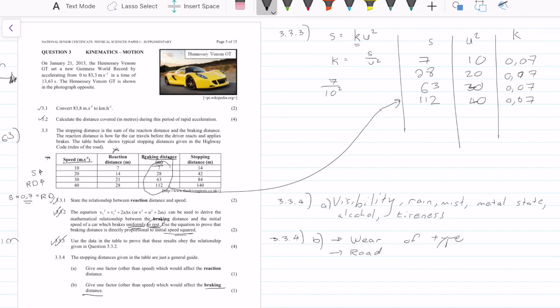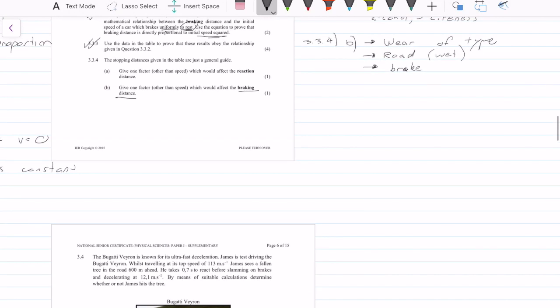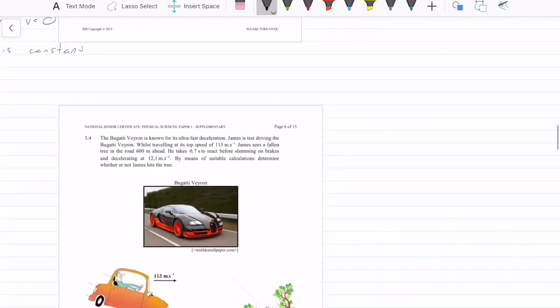If the road is wet, it may take longer, or if the road is tar compared to concrete, there are different factors. And then also the condition of the brakes. If the brakes are worn, then it'll take longer to brake. So these are things that you can consider. Okay, so that question is also now done.